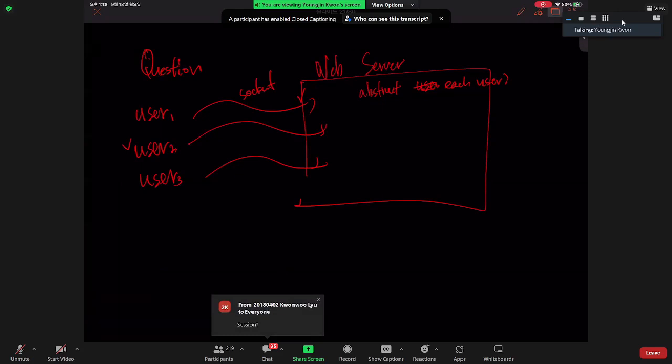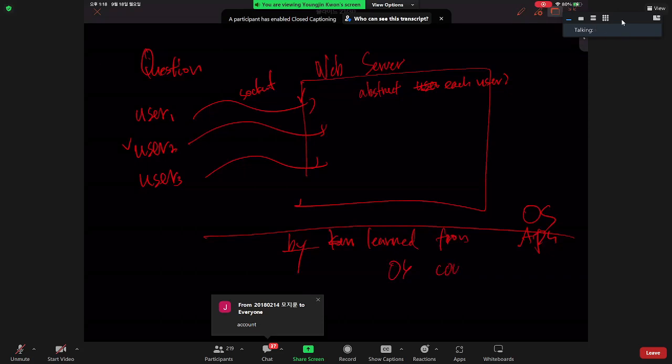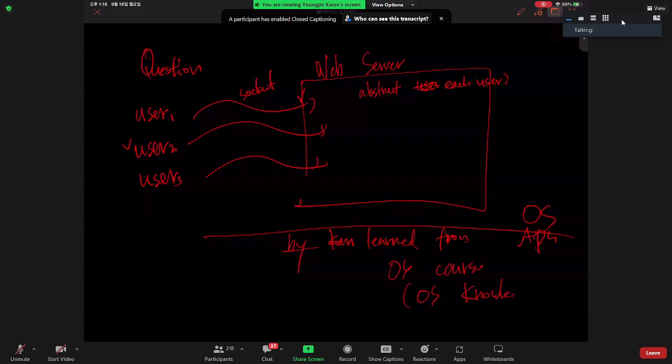Session. Oh, getting there. Okay, good. Process, good. Process is kind of the operating system's API, right? You are using the OS API learned from the OS course.